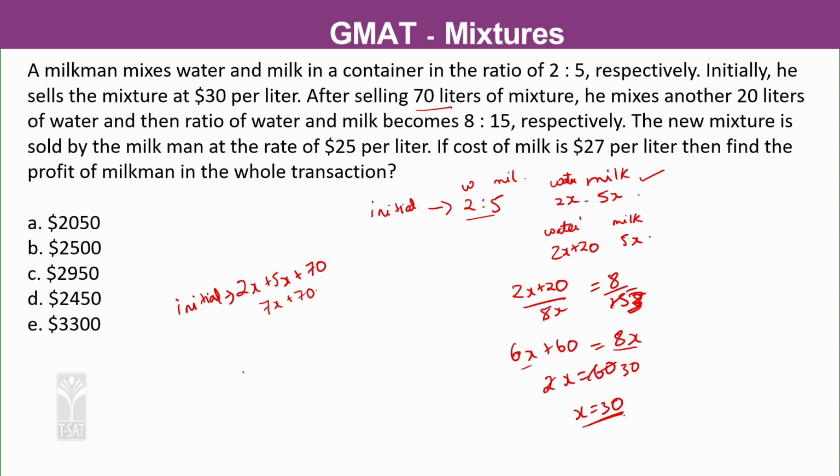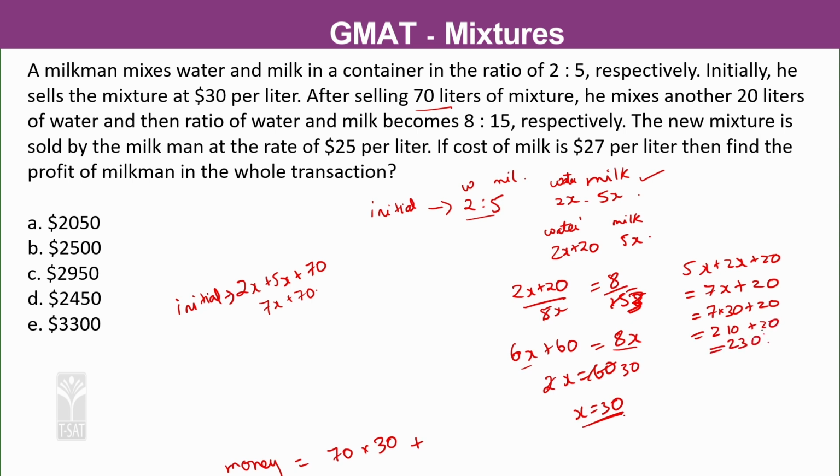So, he sold 70 liters, the total amount of money that he makes will be, he sold 70 liters at rupees 30 per liter, and then he came up with a new solution. The new solution was how much? 5x plus 2x plus 20, that will be equal to 7x plus 20. x is 30, so 7 into 30 plus 20, that is equal to 210 plus 20, that is 230, the new mixture of milk and water.